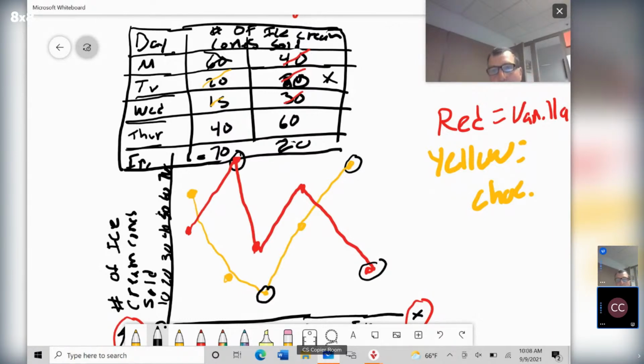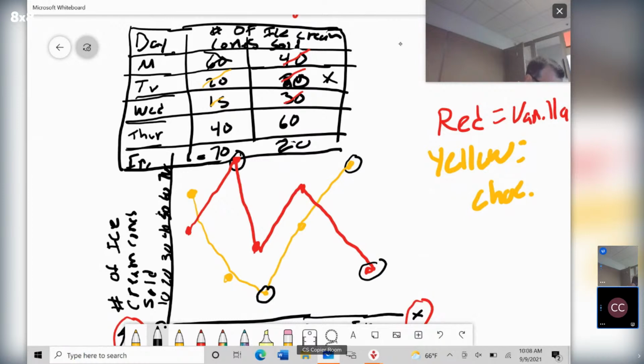So there's probably a couple ways you could do it if this came up on one of the tests. Maybe you could look at the chart, which is fine. You could also look at the graph. If we didn't have the chart and all we had was the graph, you could definitely see by this line graph, the day, the highest point is going to be the most number of cones sold.